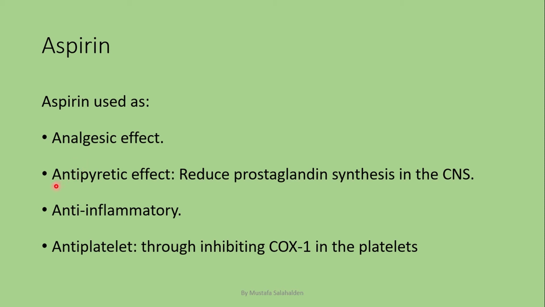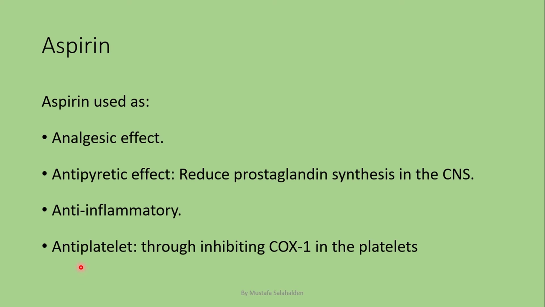Now, the antipyretic effect, which is through reducing prostaglandin synthesis in the CNS. The anti-inflammatory effect, which I explained in the second slide of my presentation. And finally, the antiplatelet effect, which is through inhibiting cyclooxygenase enzyme 1 in the platelets.